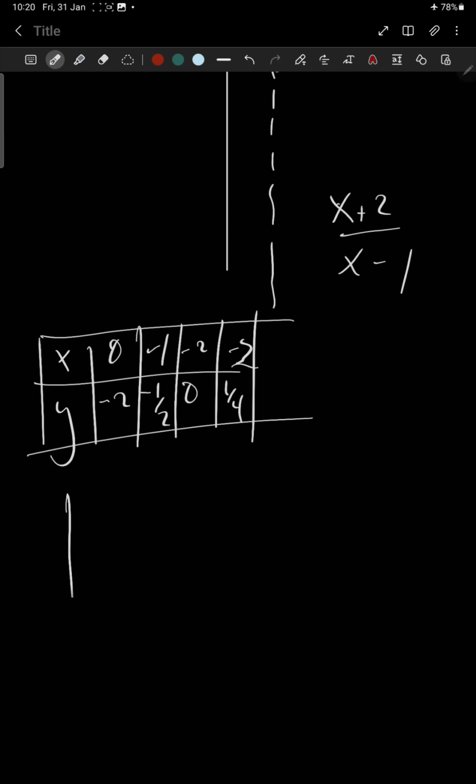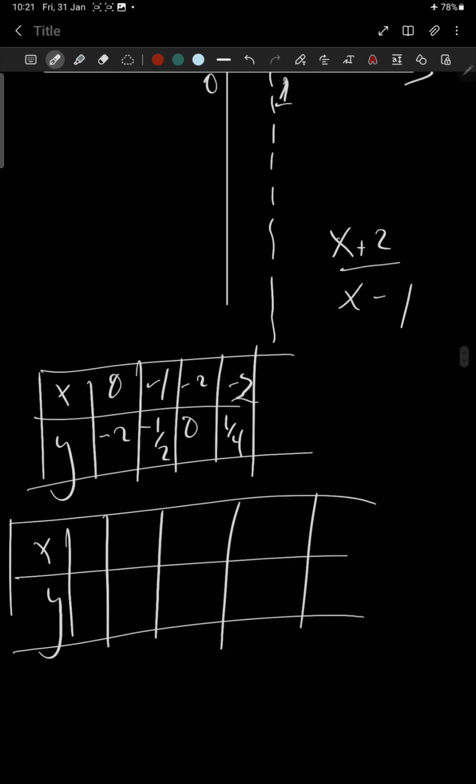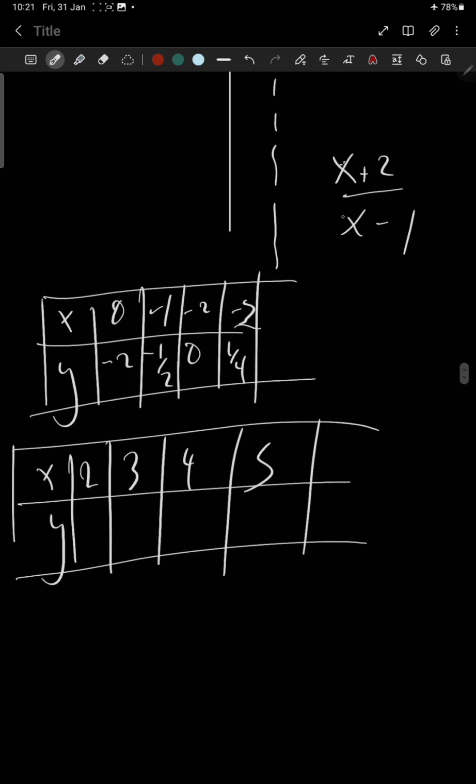Okay, now let's also pick after. If I pick after, I'll pick 2, 3, 4, and 5. So if I start replacing x, 2 plus 2 is 4. 4 on top, this will be 1, so it will be 4. If I pick 3, it will be 5 over 2.